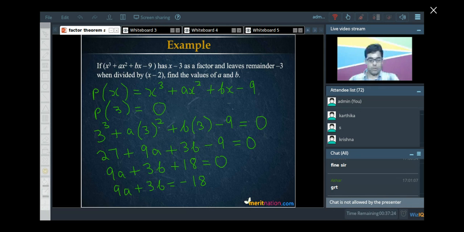Now 3 cube is 27, and then it is plus a multiplies 3 square, that is 9a, plus b multiplies 3, that is 3b, minus 9 equals 0 here.